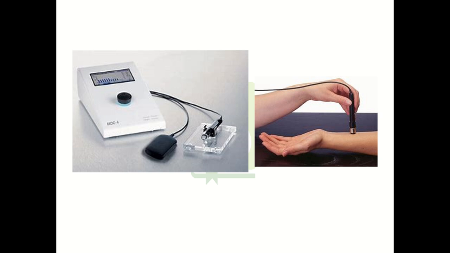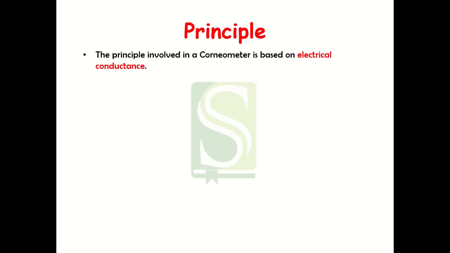The measuring probe has a surface area of 0.65 square centimeters, and it consists of an interdigital grid of gold covered electrodes. The electrodes are 75 micrometers wide and the interdigital space between them is 75 micrometers. So it works as a variable capacitor and it reads from 0 to 120.